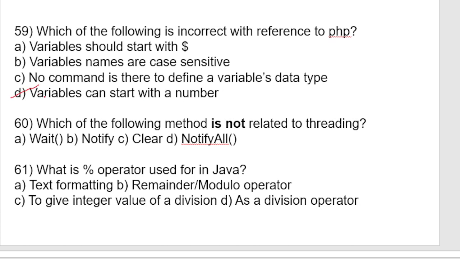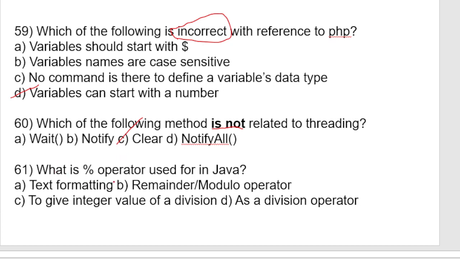This is D, variable can start with a number. This is incorrect, it is asking for incorrect, that is important. Which of the following methods is not related to threading? Basically not related. Wait, notify, clear, notify all. The answer is clear.